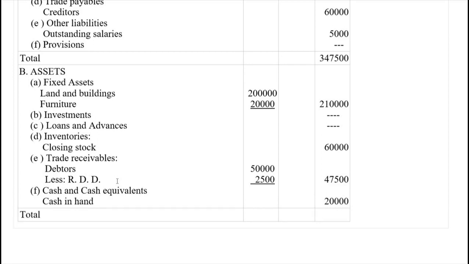So the total, so 2,10,000, 2,70,000, 2,90,000 plus 2,20,000, 60,000, 47,500, 20,000. So it comes to 3,47,500. So 3,47,500. So the answer will be 3,47,500.